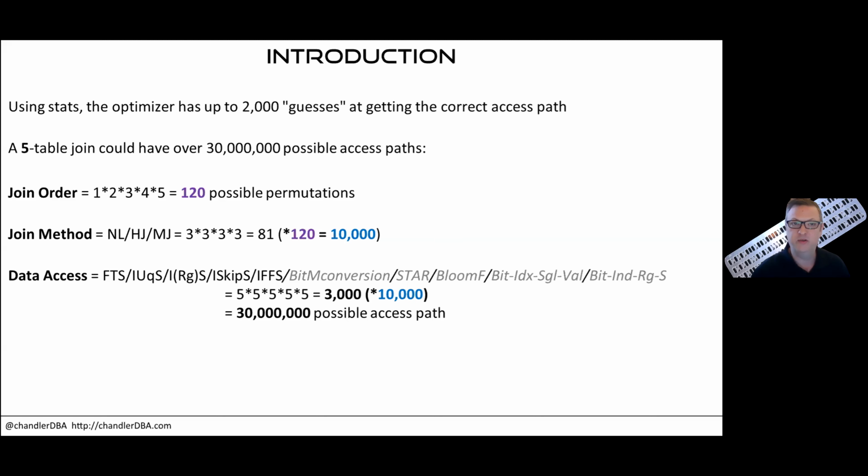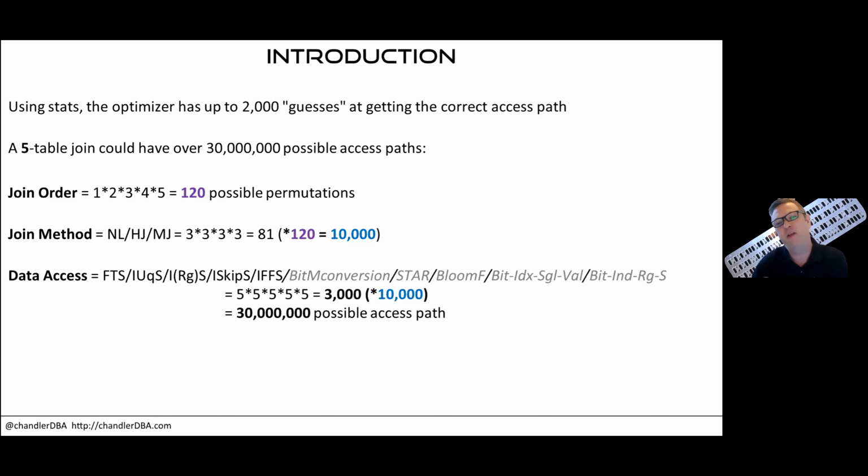And then if we add on to that, the different ways that we're actually going to potentially access the data in the table, we've got in this list, full table scan, index unique scan, index range scan, index skip scan, index fast full scan, a bitmap conversion, a star schema transformation, a Bloom filter, a bitmap indexed single value, a bitmap index range scan.